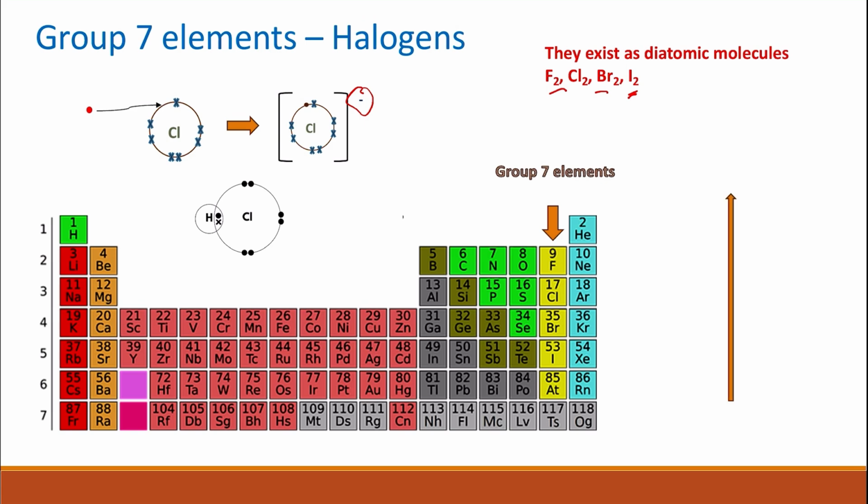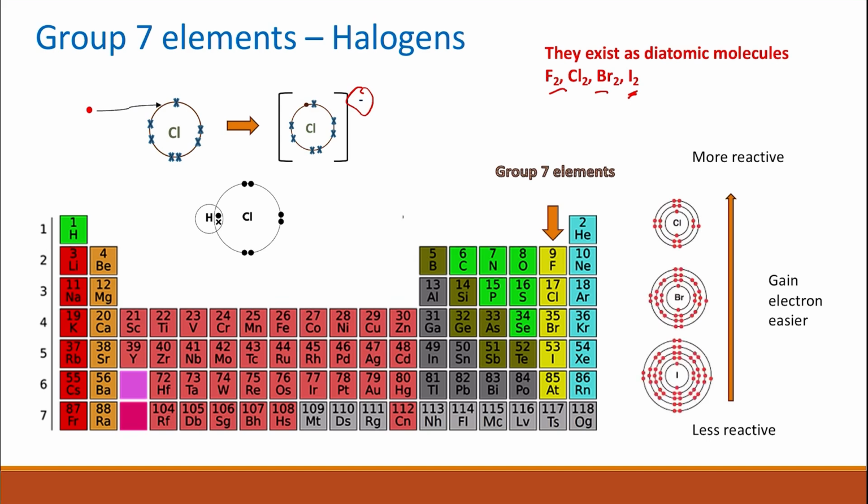As we go down the periodic table looking at the reactivity trend, the reactivity will decrease. The reason behind that is because the size of the atom will increase, and as the size increases, the outer shell electrons become further away from the positively charged nucleus, so they will be less attracted to the positively charged nucleus, so they can gain electrons less easily as you go down because the size becomes bigger.